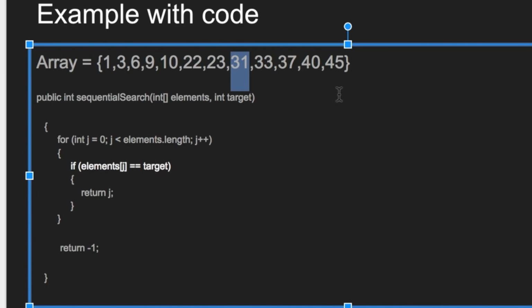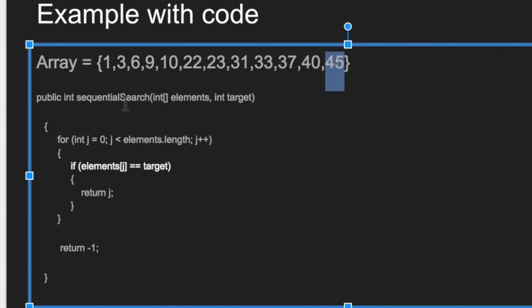So you can see how the worst case scenario for this would be N, 12, because if the number you're looking for is 45 and it doesn't exist, you're going to have to look through this 12 times. So that's how you come up with a big O of 12 for the worst case scenario.